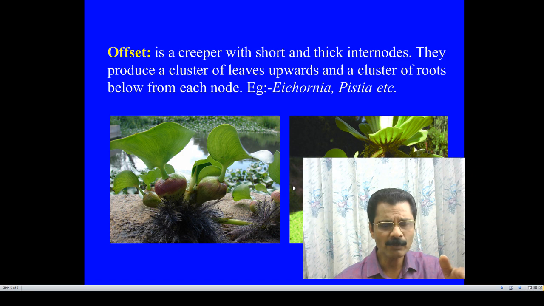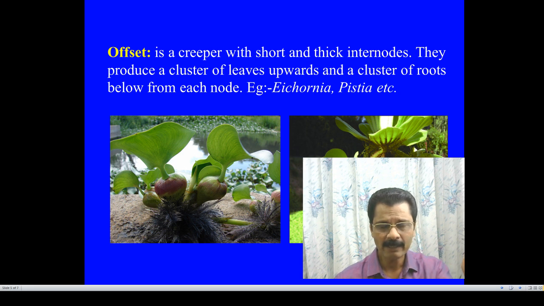The previous two, runner and stolon, are terrestrial plants, and the branchlets are produced in a linear fashion. But in this case, offsets are seen in aquatic plants like Eichhornia and pistia. There the branches are produced in all directions, and these branches are produced on internodal length.